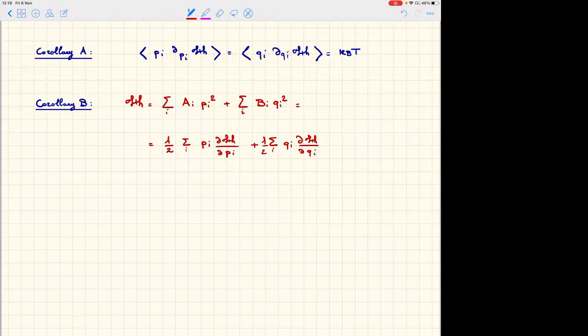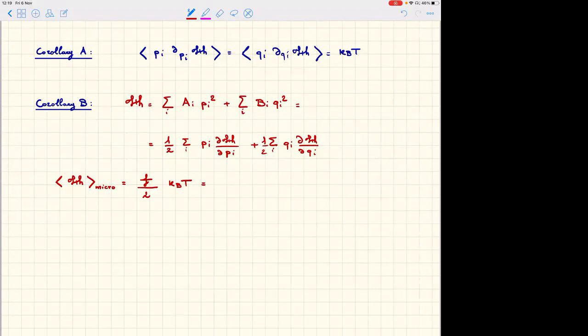And therefore, the average of your internal energy in the microcanonical ensemble, if you use the corollary A, is equal to what? Is equal to F divided by 2 times kBT. Or if you want, F is the number of quadratic terms in the Hamiltonian.